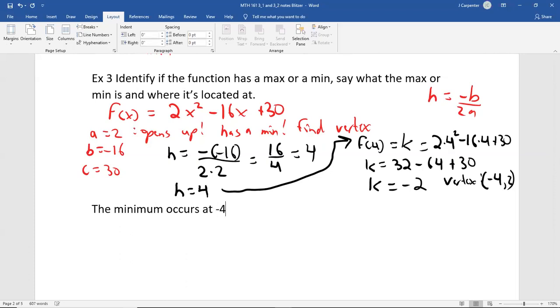Now you can just write 4 if you like, but I think it might help you for practice and studying. It's at x equals 4. The actual minimum itself is the negative 2. Now again, you can write just negative 2, or you can write y equals negative 2. And that's the answer.